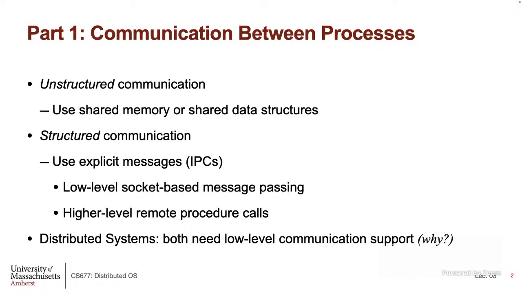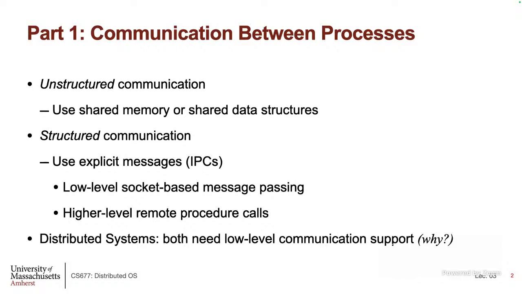Unstructured communication essentially uses either shared memory or a shared data structure to communicate. For example, if you want to send a message with a single integer to a process using unstructured communication, you would put that data item into a shared buffer, and the other process would then pick it up from that buffer.